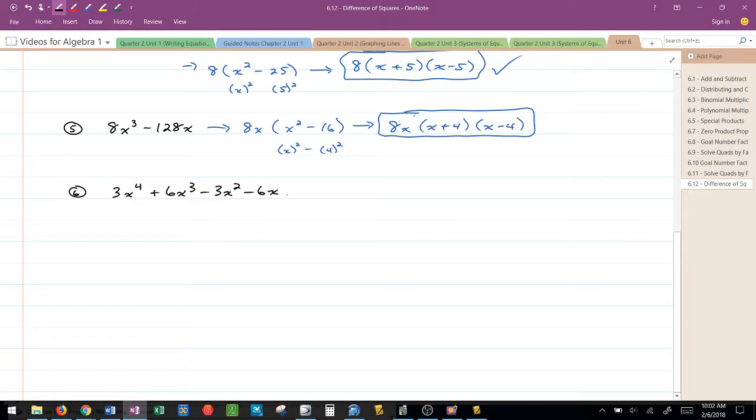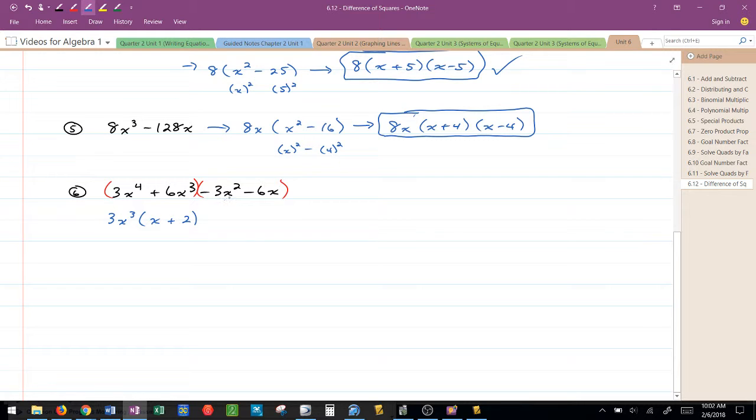Well, let's take a look here. Because there's 4 terms, I'm immediately going to think grouping. I find the GCF of the first set, and the GCF there is going to be 3x cubed, and that leaves me with x plus 2.